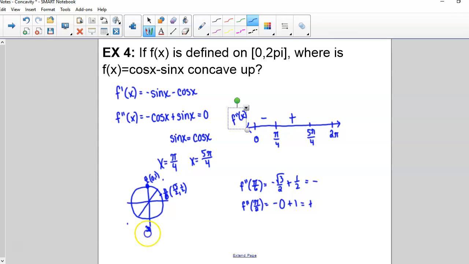And then for 3 pi over 2, right here is what I would pick between 5 pi over 4 and 2 pi, just because it's one of the easier points on the unit circle. And the coordinates we have there are 0, negative 1. So you would have f double prime of 3 pi over 2 would be negative 0 plus negative 1, which is a negative value. So a negative there.